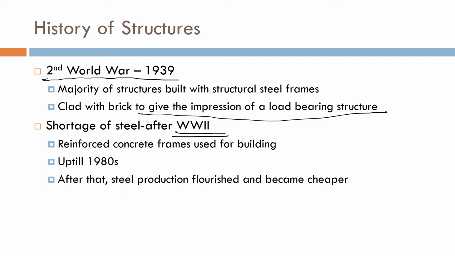So during that time, what building material flourished is reinforced concrete. So they used to have concrete, but they started using it as reinforced concrete up until the 1980s, and after this steel production flourished and steel became cheaper.